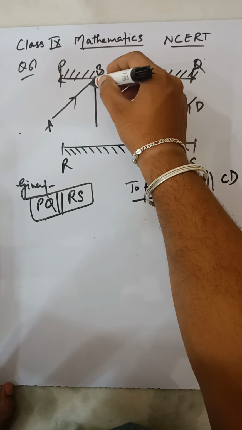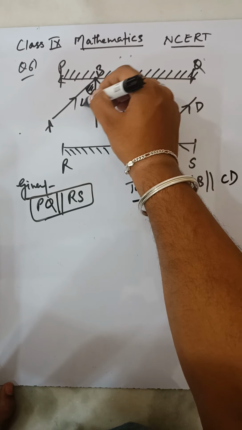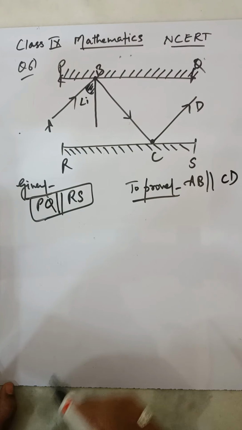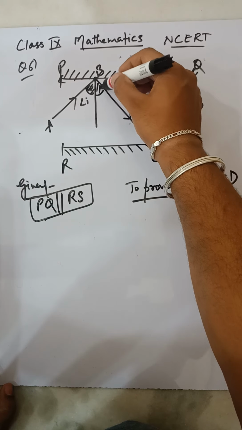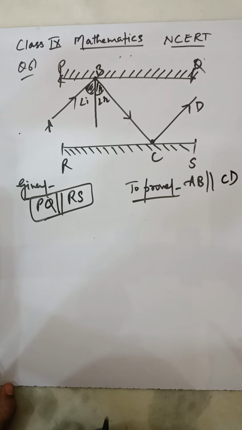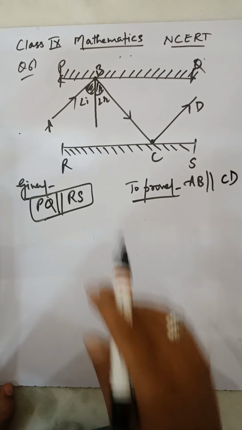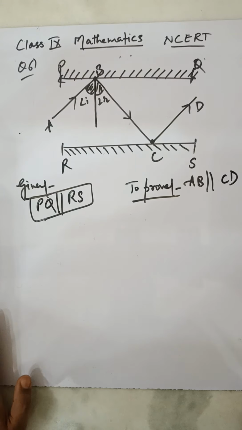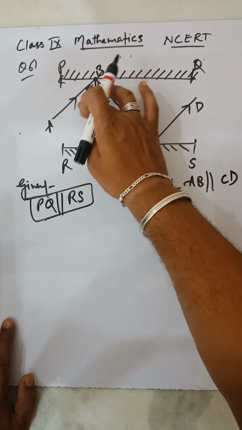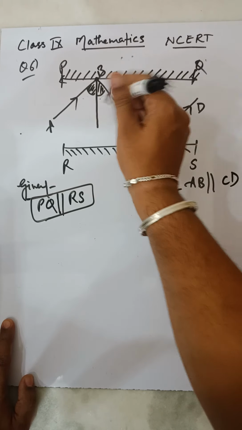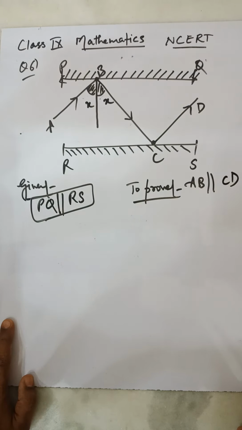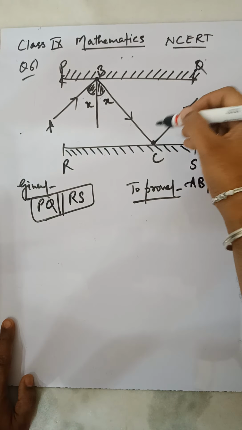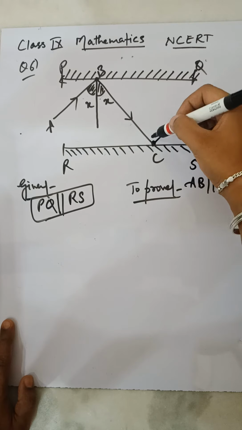So this will be the angle of incidence, the angle made by the incident ray with the normal, and this will be the angle of reflection, the angle made by the reflected ray with the normal. According to laws of reflection they both are equal, so I can put x to these angles. Similarly, point C is the point of incidence.